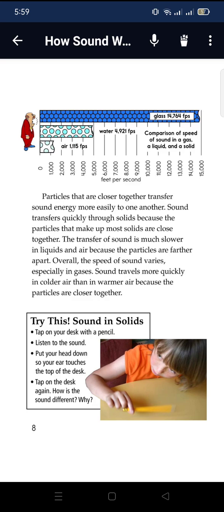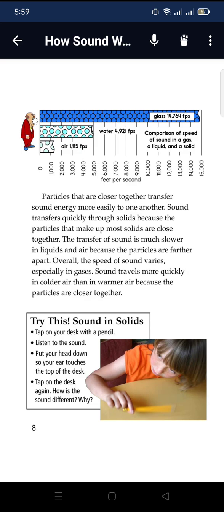Particles that are closer together transfer sound energy more easily to one another. Sound transfers quickly through solids because the particles are close together. Sound is much slower in liquid and air because the particles are farther apart.